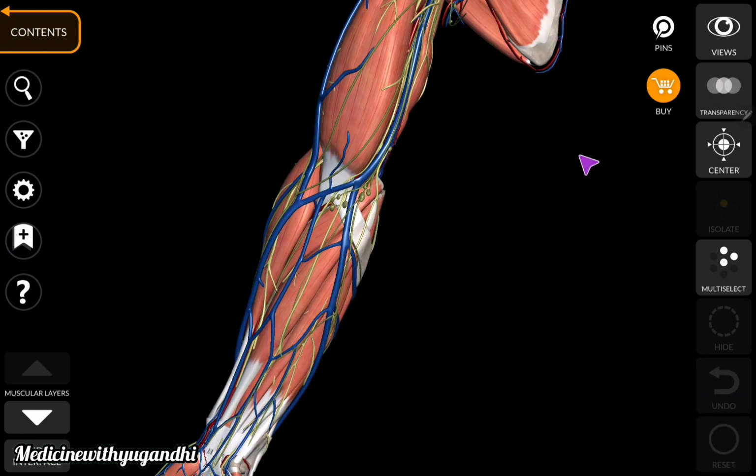Coming to the next topic, that is the roof of the cubital fossa. First, let me mention the structures contributing to the roof of the cubital fossa. Then we will be looking into that one by one. Right. So, skin, then superficial fascia, deep fascia, and then the bicipital aponeurosis.